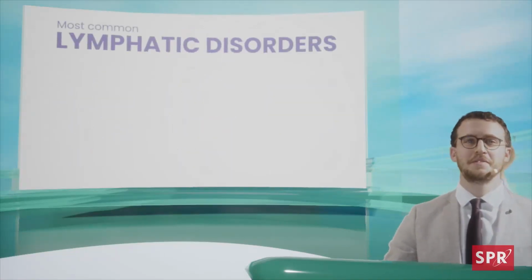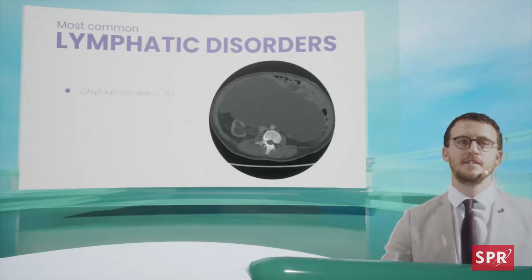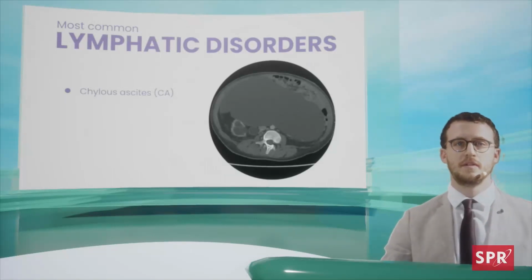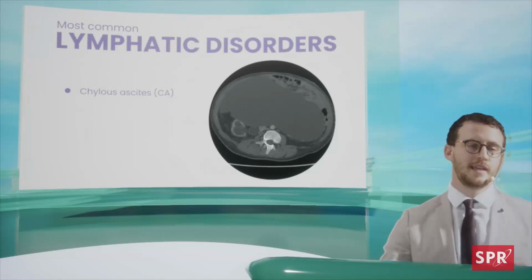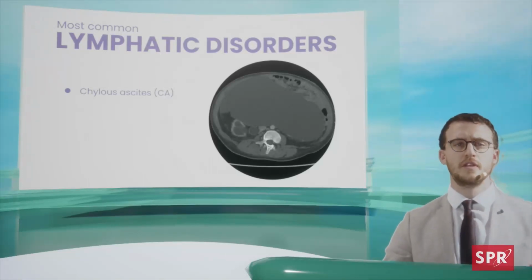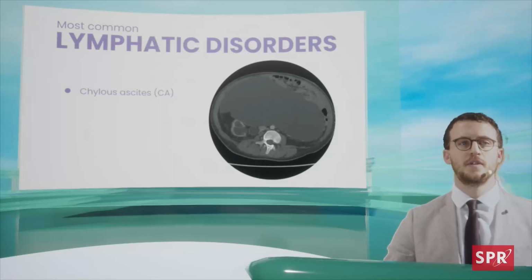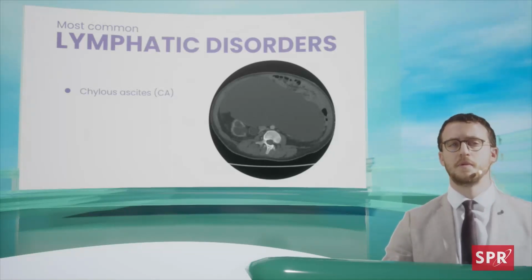Let's see, what are the most common lymphatic disorders? We've all seen this in our hospital practice. The pediatrician or the clinician calls you, saying, hey, you're an interventional radiologist, we need to do a drainage of this patient with ascites. He cannot continue, we need to do the drainage. You do the drainage. One week after, the same patient comes back, again with ascites. They don't know where it comes from, you know it's chylous, and there's nothing to help the poor patient.